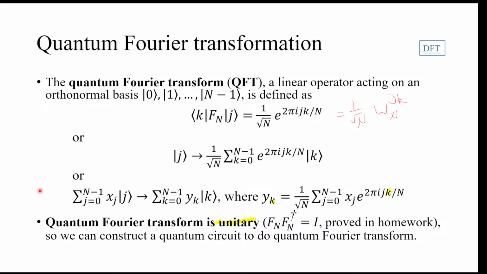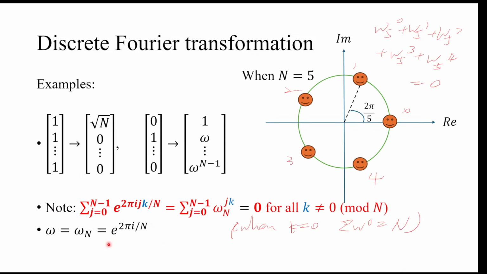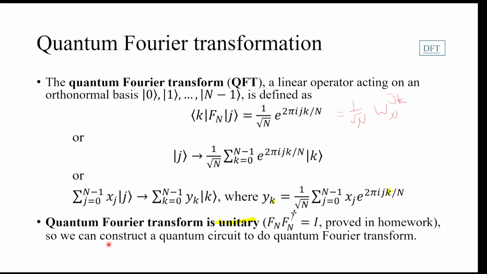Okay, and this expression should be the same as this expression here: yk equal to 1 over square root n, summation over j of xj e to the 2 pi i jk divided by n. Okay, and go back. So we have a different interpretation. Now this discrete Fourier transform is a quantum Fourier transform.